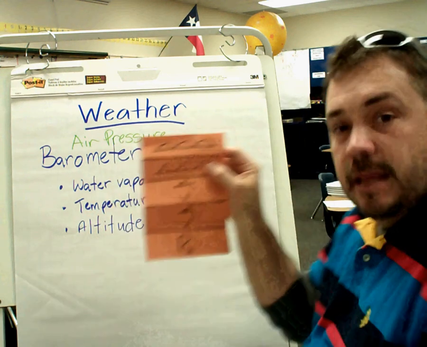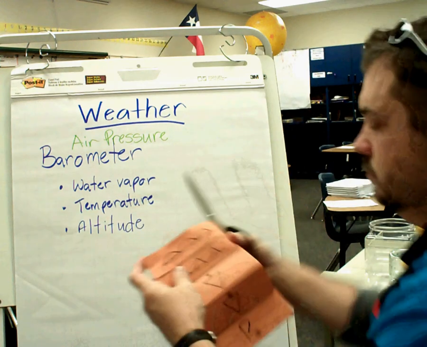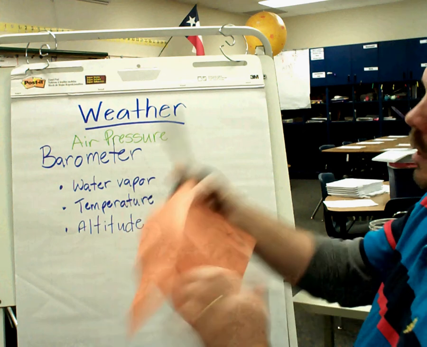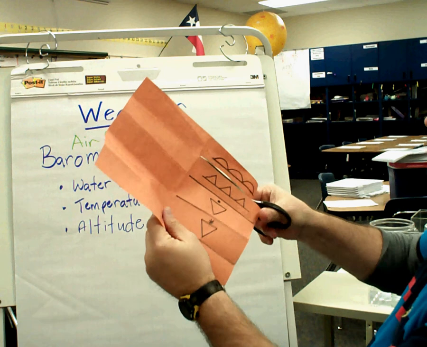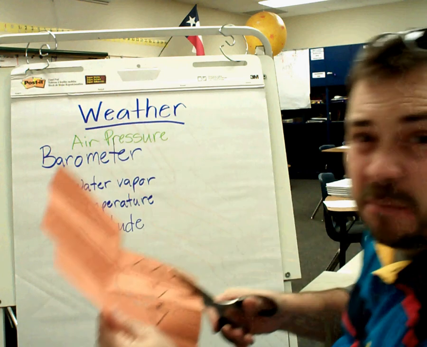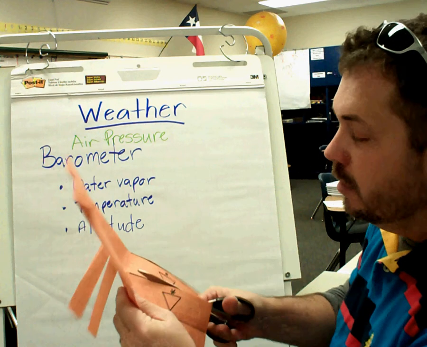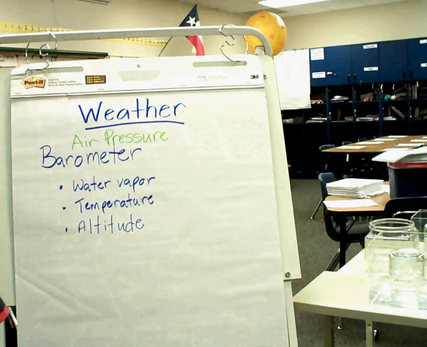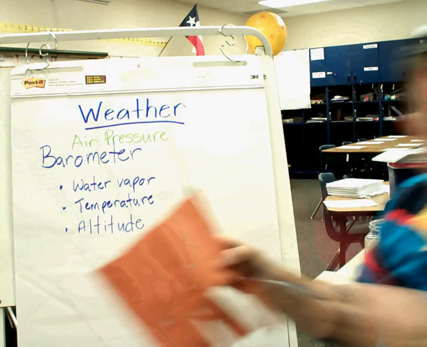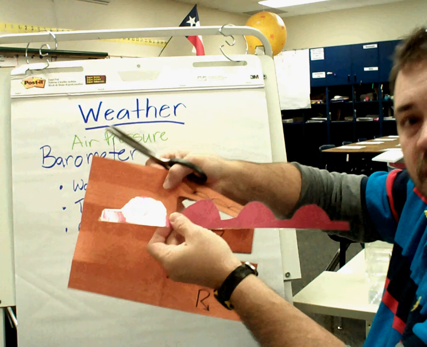You're going to take this and, using a pair of scissors, you're going to open it back up after you've created these symbols. Notice I didn't bother coloring. I don't necessarily need to color them, although it would be really nice to know that warm fronts are red on our map key.